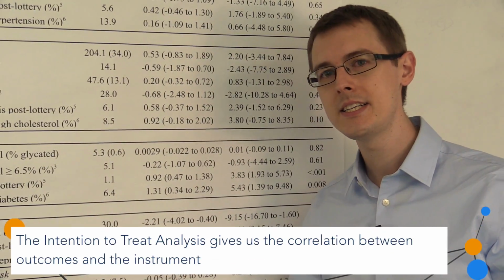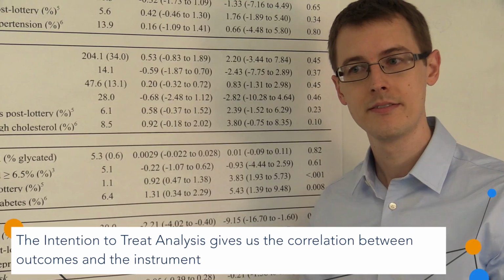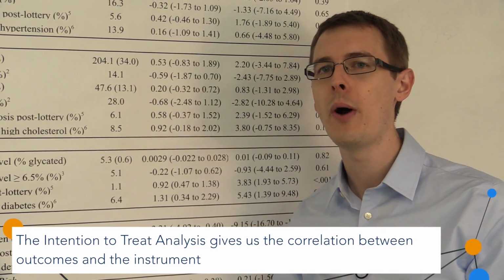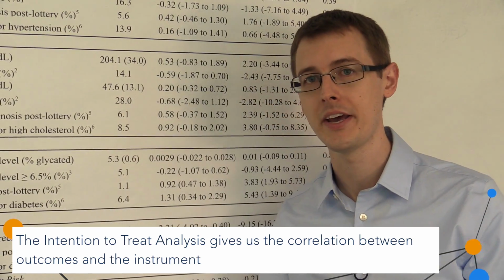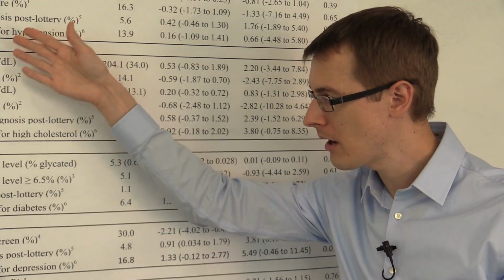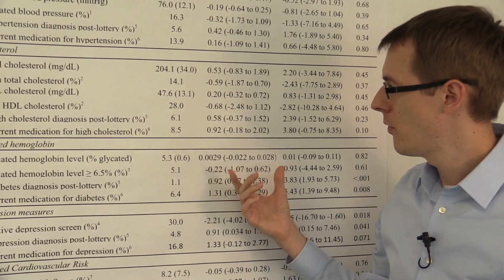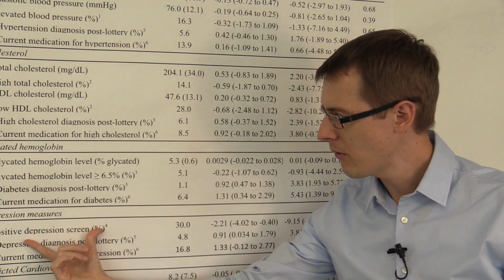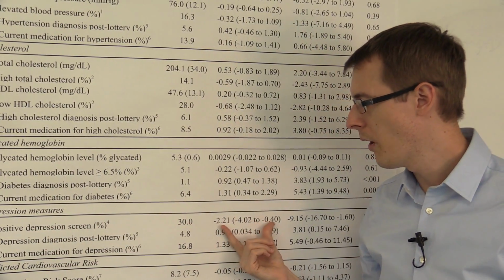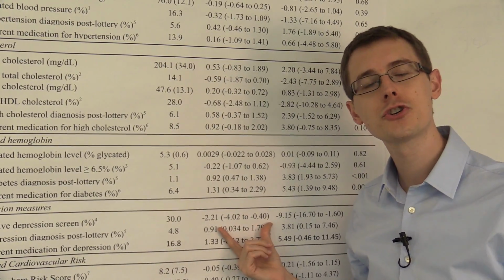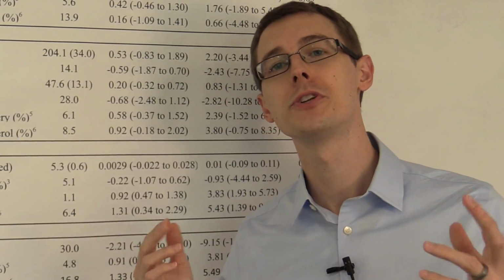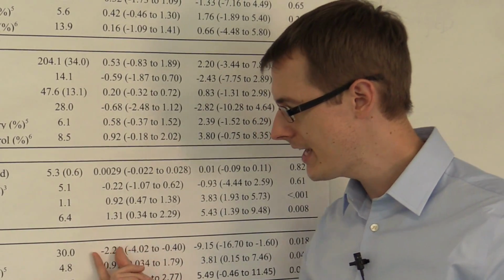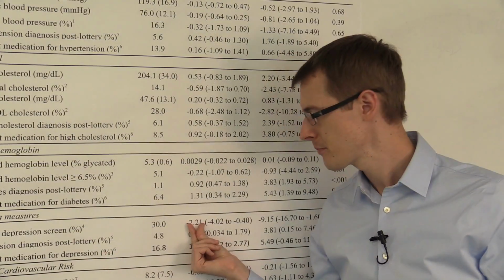If you were assigned to get Medicaid or not, that's the instrument we're using. And then our treatment is whether you actually received Medicaid or not. And our outcome is any one of these. So this column here is the regression of the outcome on whether you were assigned to treatment or not. That's exactly the reduced form regression used in the indirect inference estimator. So getting this number is the very first step.